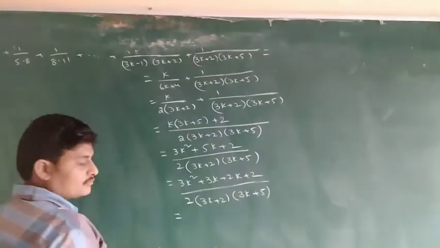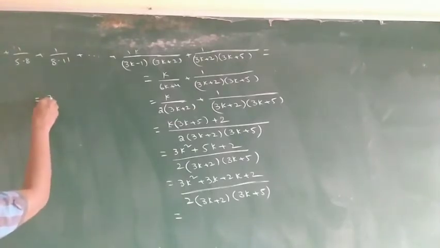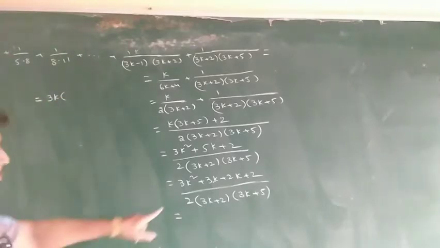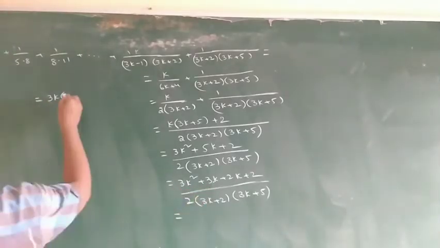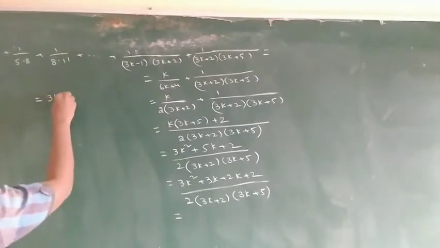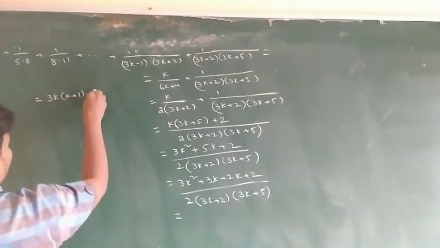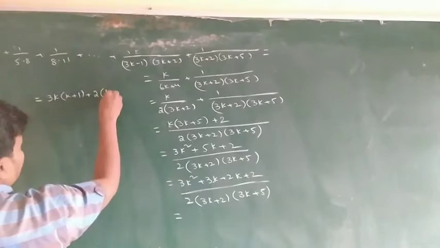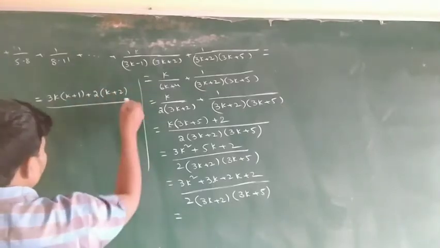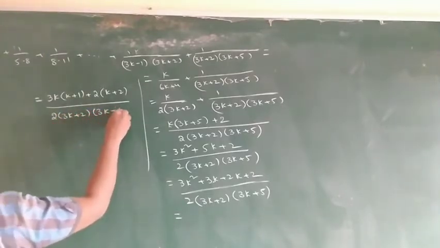So that is equal to, taking 3k common, 3k common means k plus 1, plus here 2 common, 2 common means k plus 1, by 2 into 3k plus 2 into 3k plus 5.